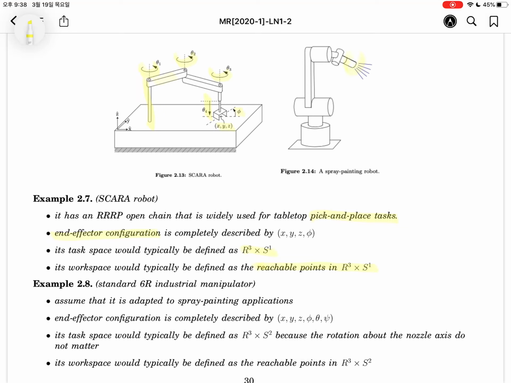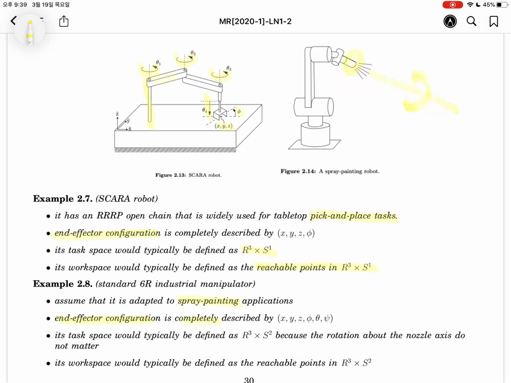On the other hand, consider the standard 6R industrial manipulator, where the end effector has a spray painting device. Here, the spray painting device can be rotated about this axis, but it does not have any influence, any change in the result.